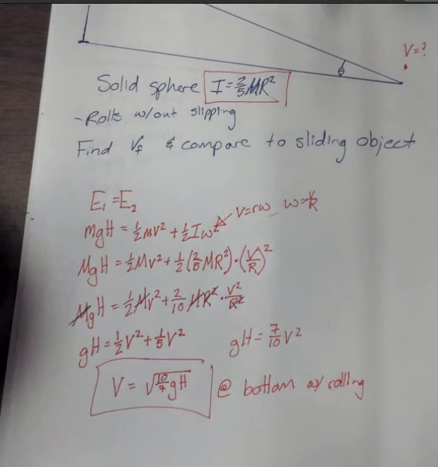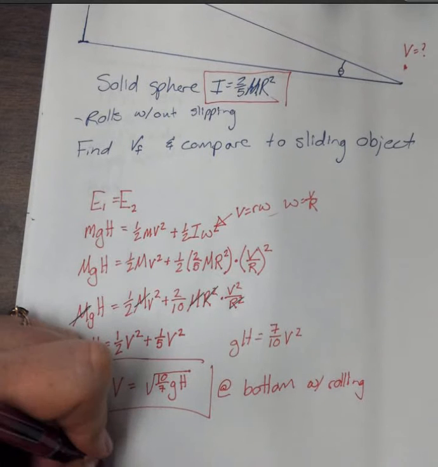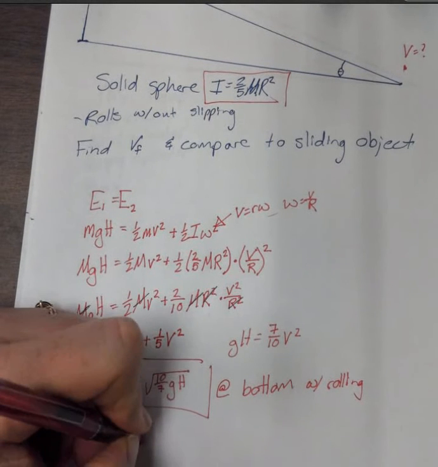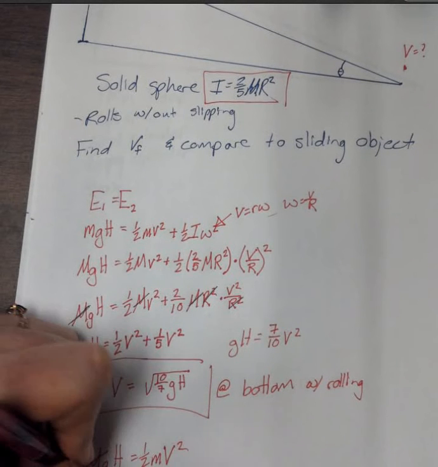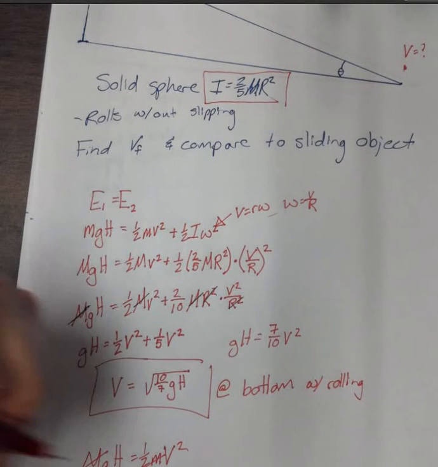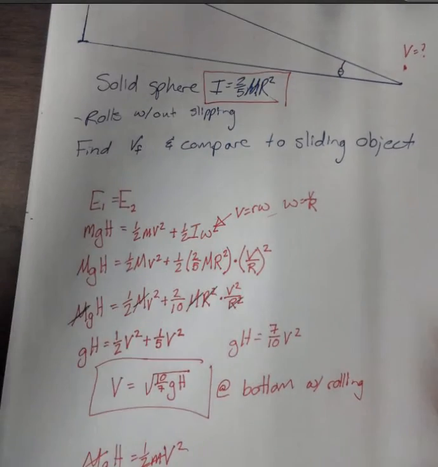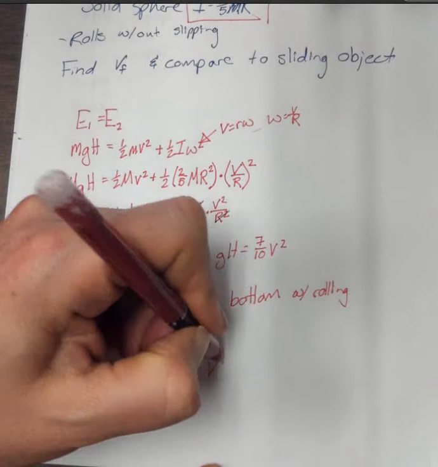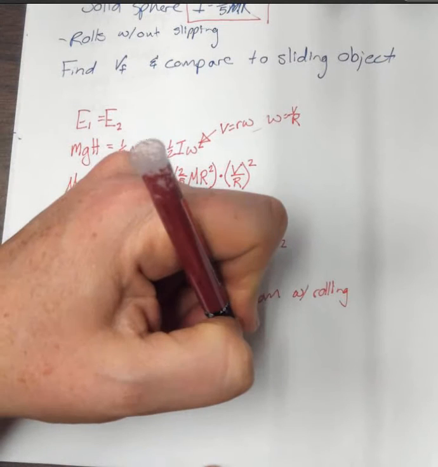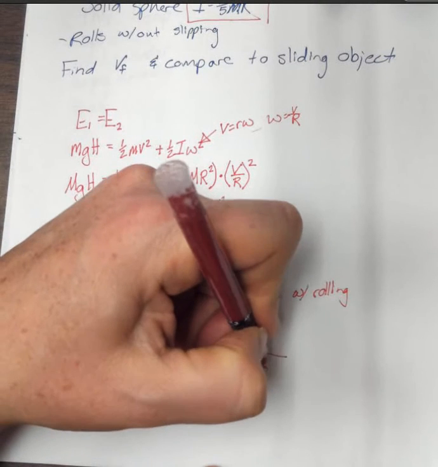So now we have to compare this to a situation where it slid instead of rolling. In that situation, mgh equals 1/2 mv squared, where we can eliminate the masses, and without rolling, v is going to equal the square root of 2gh.